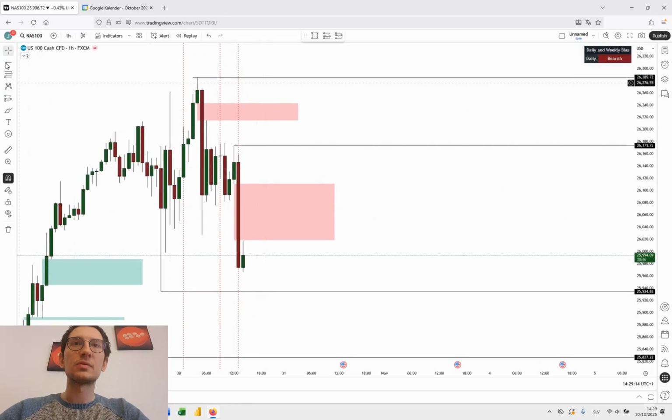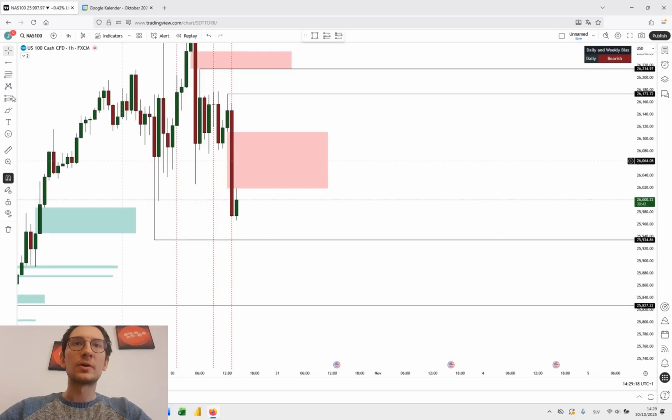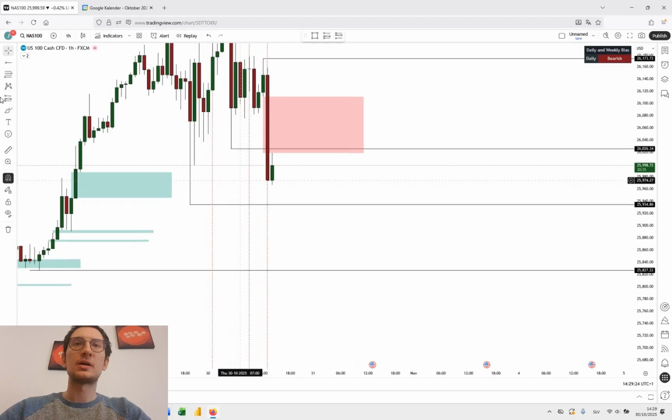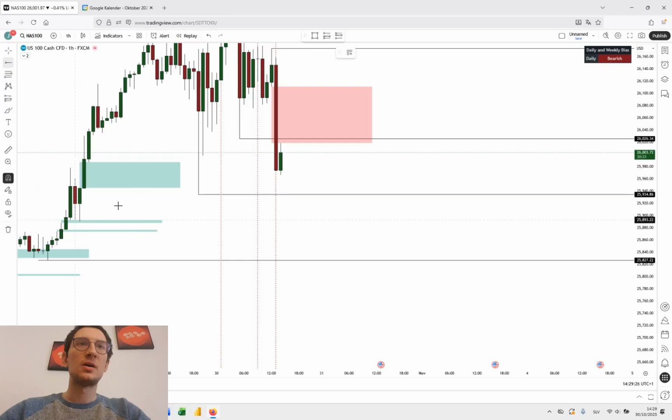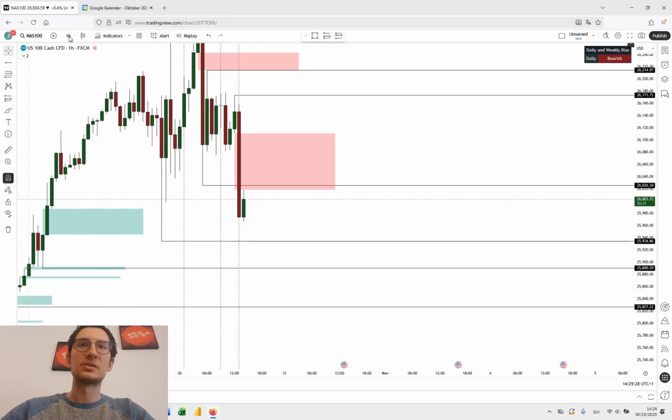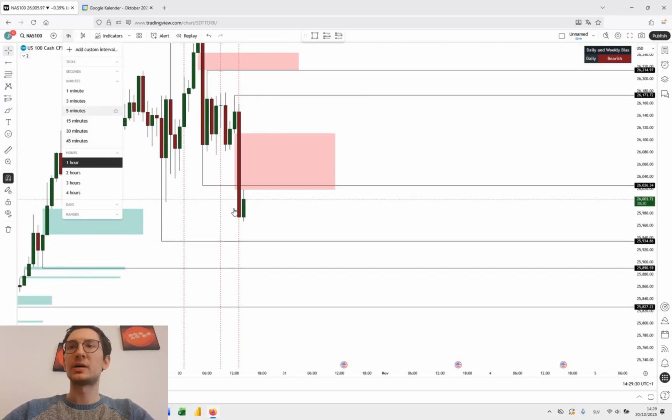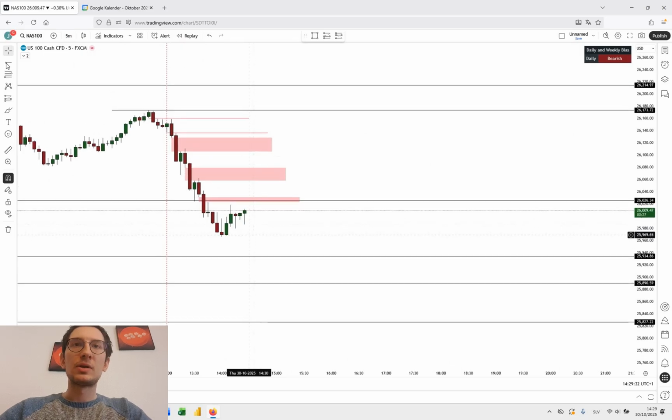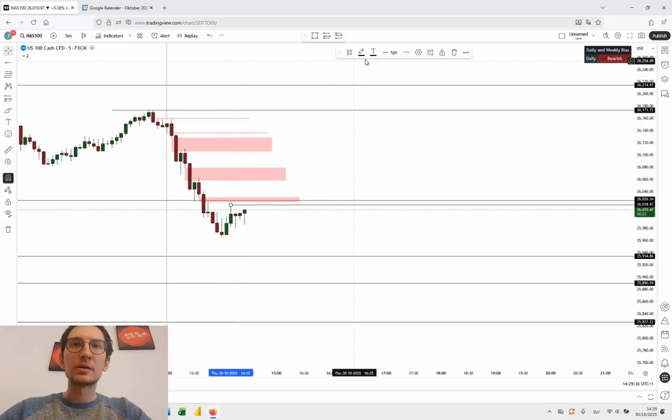We have one high here, and currently we are sweeping this low right now. Maybe we can also mark this low, but I doubt that the price will go that far down. Now let's see what structure we are in. We are in bearish structure.